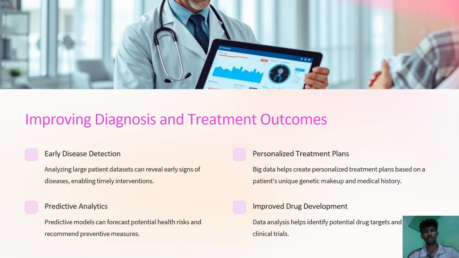Big data helps to personalize treatments based on each patient's unique genetic makeup and medical history. The next one is predictive analytics. Predictive models can forecast potential health risks and recommend preventive measures. The next one is improved drug development. Data analysis helps to identify potential drugs and clinical trials.